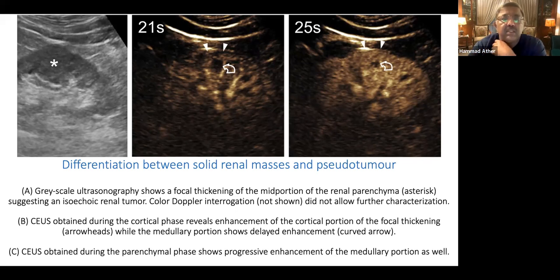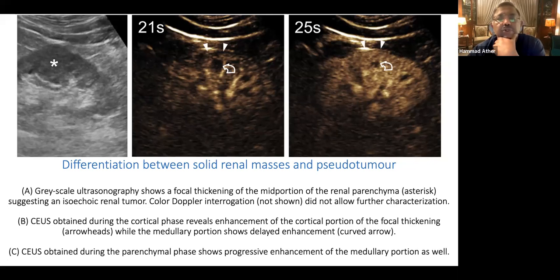The contrast-enhanced ultrasound during the cortical phase is showing enhancement of the cortical portion where there was cortical thickening. The medullary portion shows delayed enhancement, which is shown by the curved arrow.